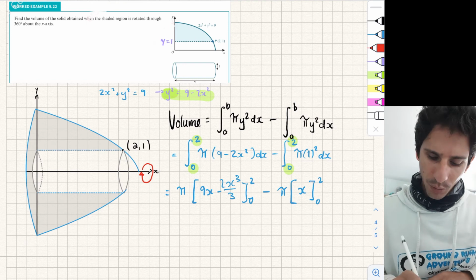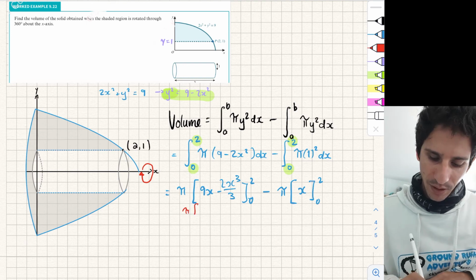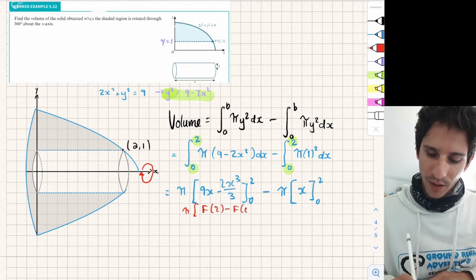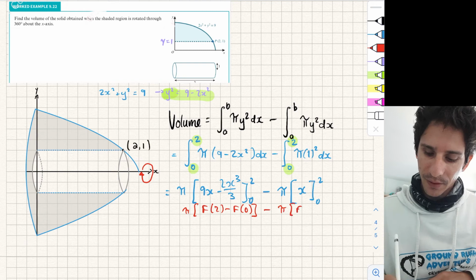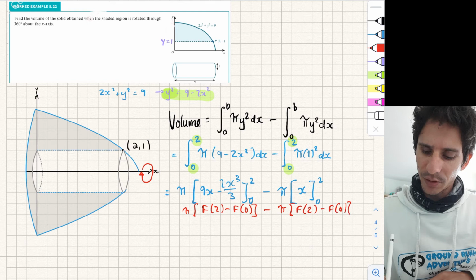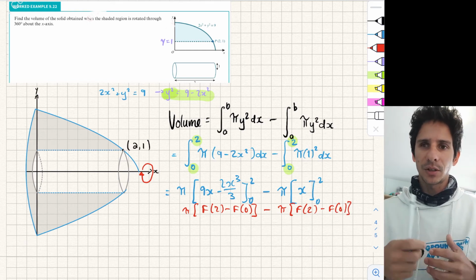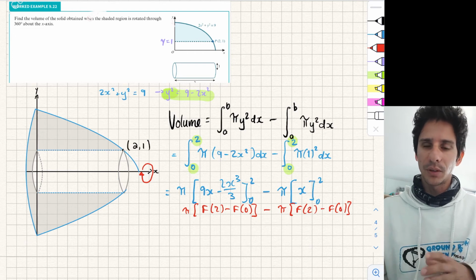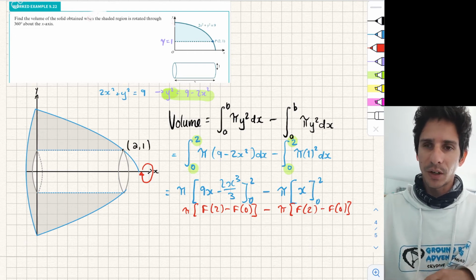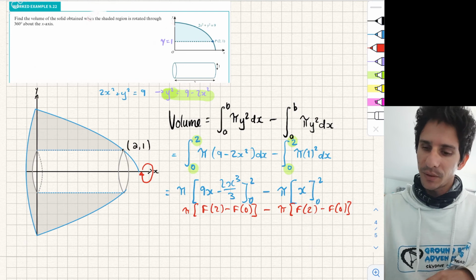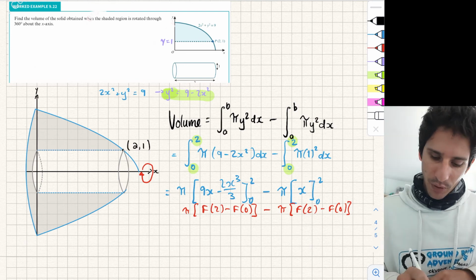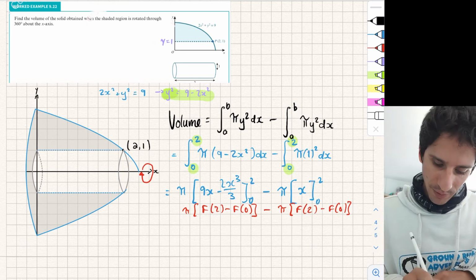We want pi times f of 2 take away f of 0, take away again pi times f of 2 take away f of 0. I'm just using f as a placeholder, to explain that you understand what you're doing by putting the boundaries into your primitive function to find those volumes.